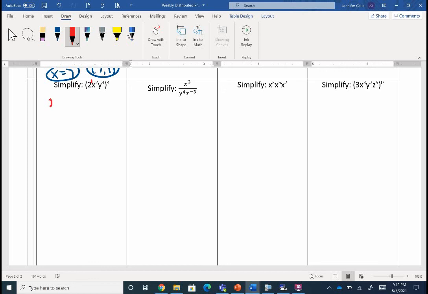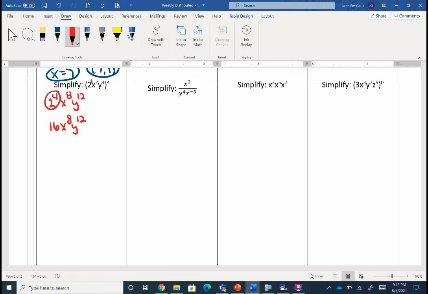So this would become 2 to the 4th. That's the most forgotten part, that the 2 also gets raised to the 4th power. X to the 8th, y to the 12th. 2 to the 4th, we can simplify that. If you need to type it in your calculator, you can. Remember, it doesn't mean 2 times 4. It means 2 times 2 times 2 times 2. So 16x to the 8th, y to the 12th.